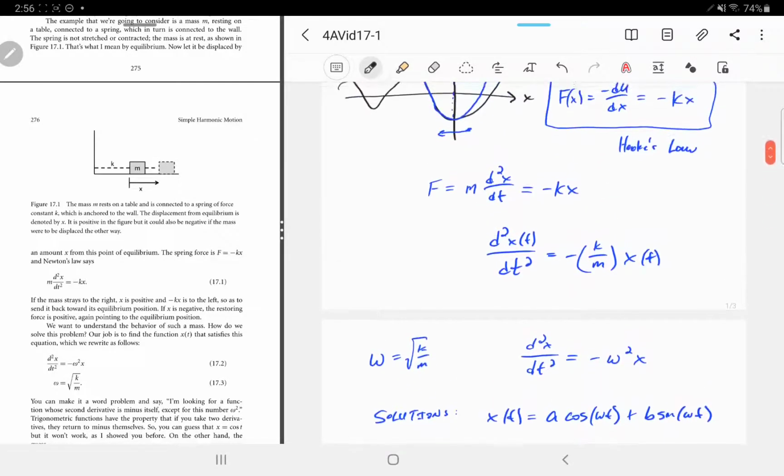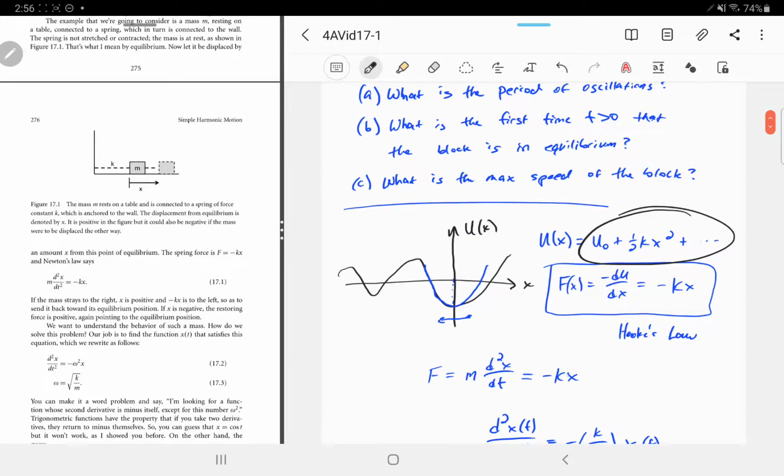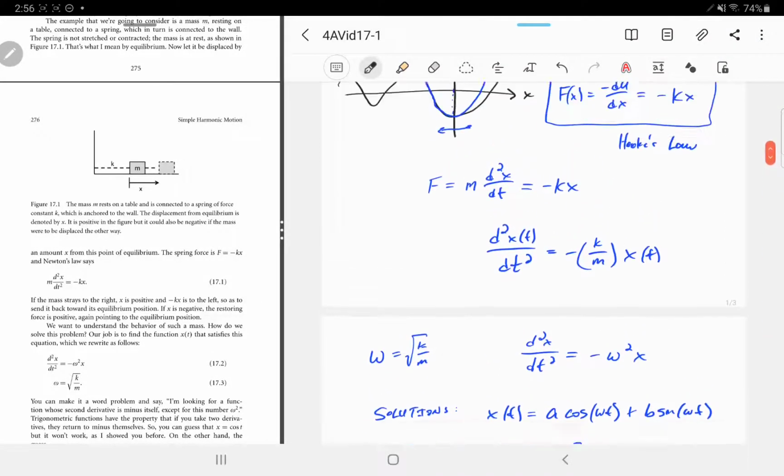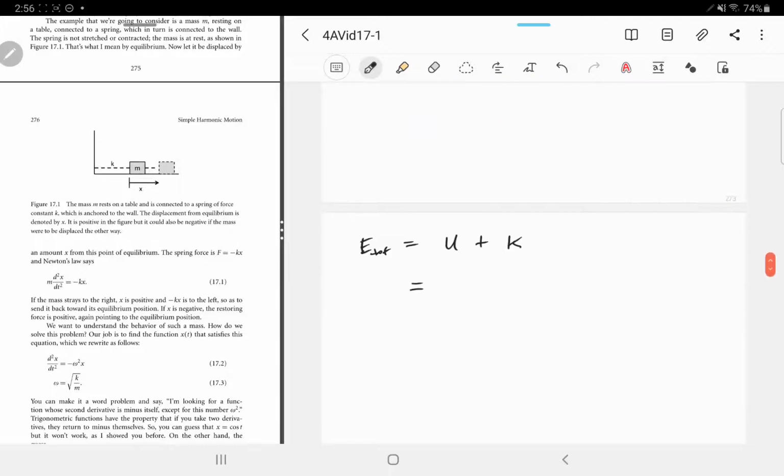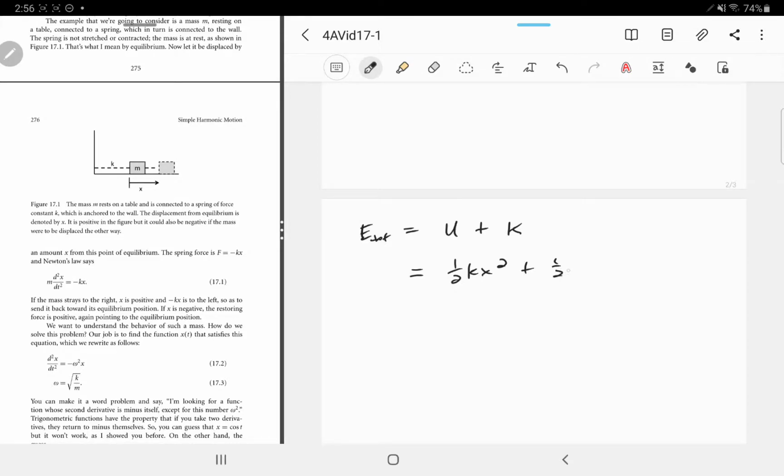We took a derivative for Hooke's law and it never came up again, right? So we're just going to set U naught equal to 0. So our potential energy is going to be 1/2 kx squared. And remember, x is a function of time. And the kinetic energy is 1/2 mv squared, and v is a function of time.